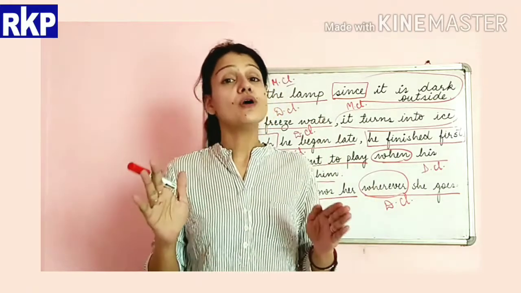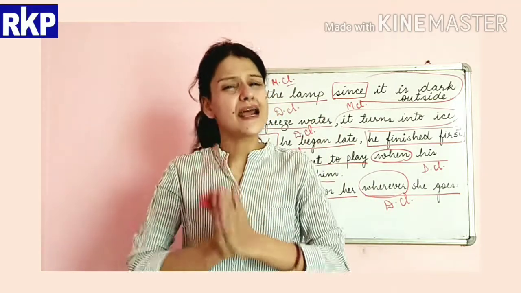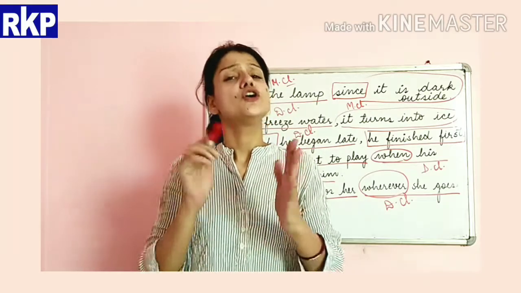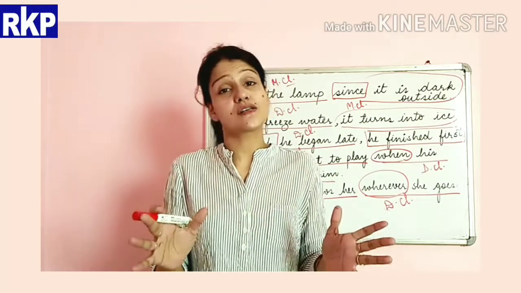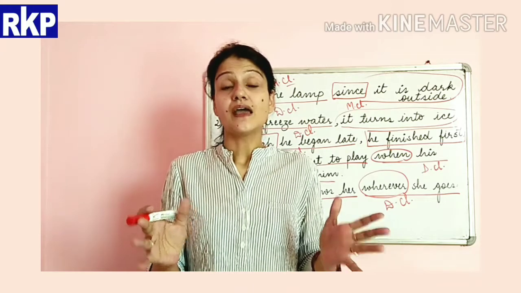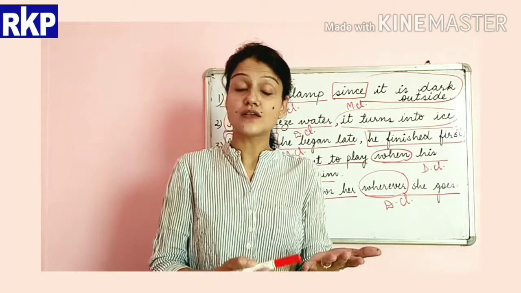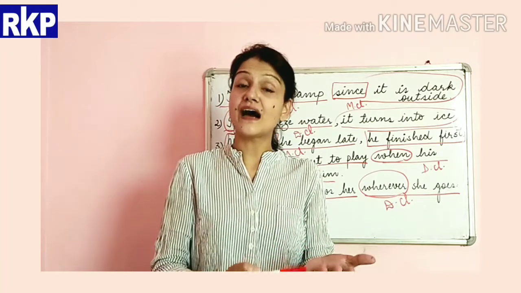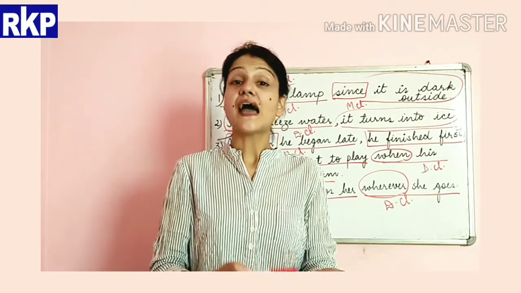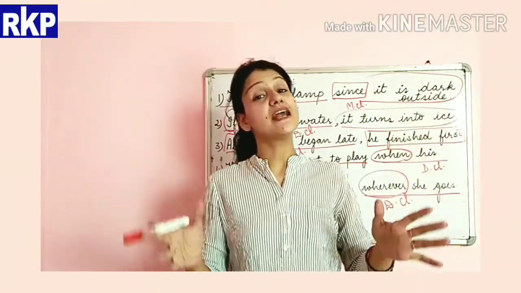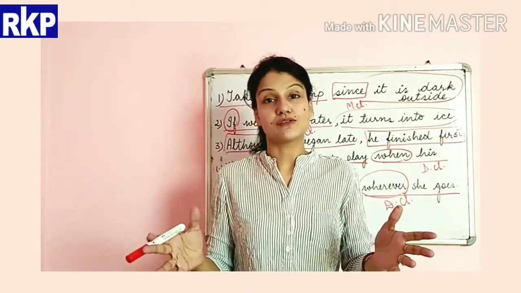To identify the correct clause, you should question yourself. We already know that for what we get a noun clause, for who or which we get an adjective clause, and for how, when, where and why we get the adverb clause.